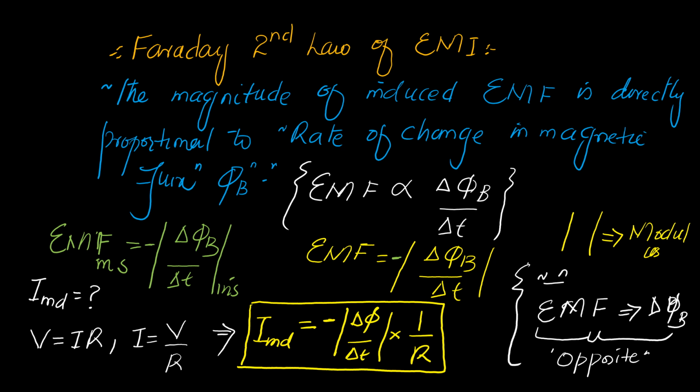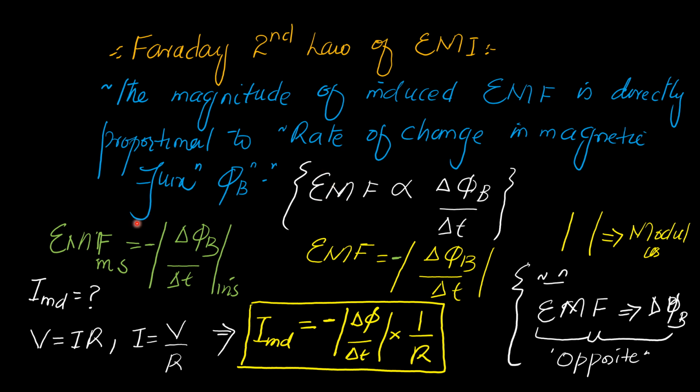So if I conclude Faraday's second law of electromagnetic induction, it states that the magnitude of induced EMF is directly proportional to the rate of change of magnetic flux. The greater the rate of change of magnetic flux, the greater the induced EMF. And whenever there is a greater induced EMF, the value of current will change, or it will depend on the induced EMF.